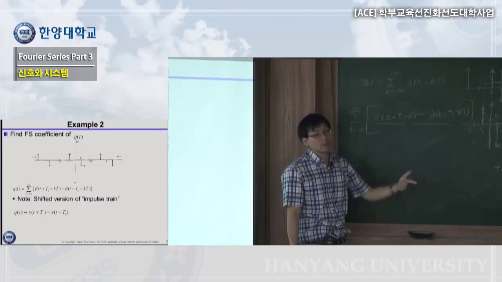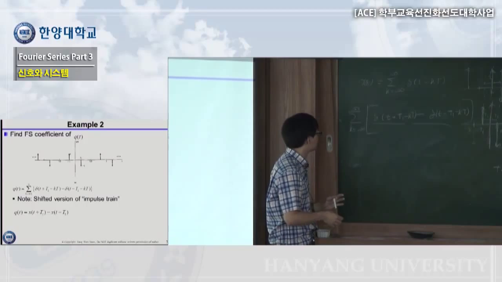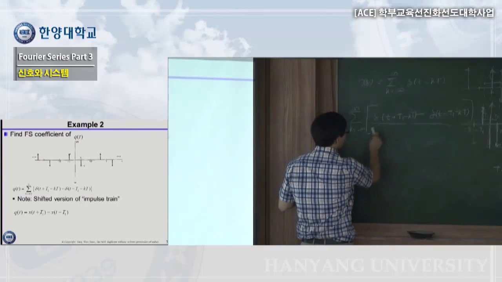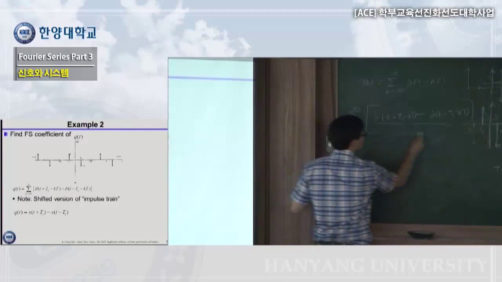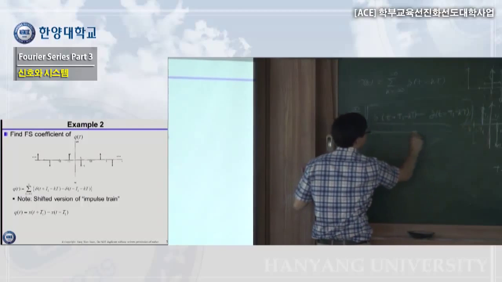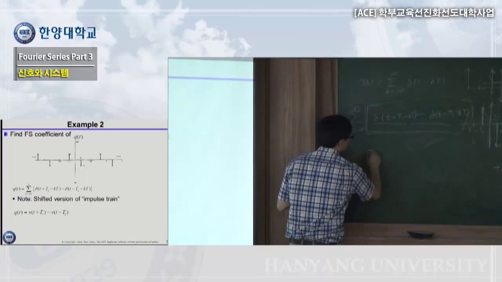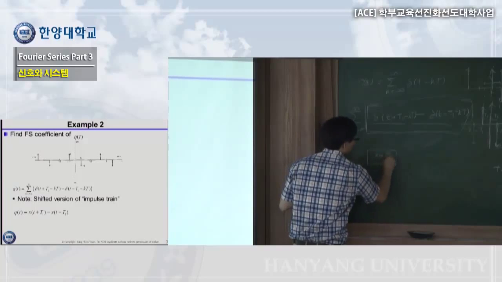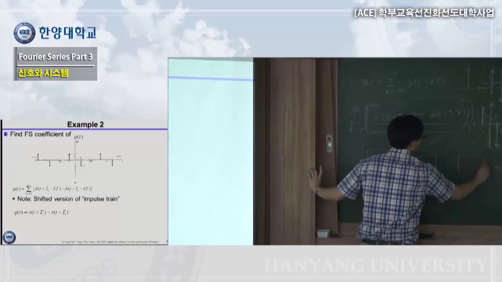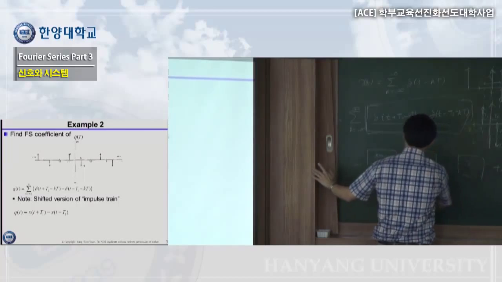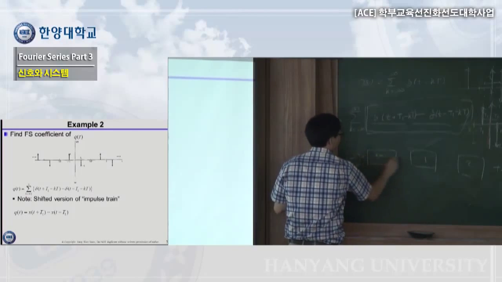Likewise, as before, we can think of them as this set. Say this is the set. This set, when k equals 0, k equals 1, k equals 2, k equals minus 1, they add up.